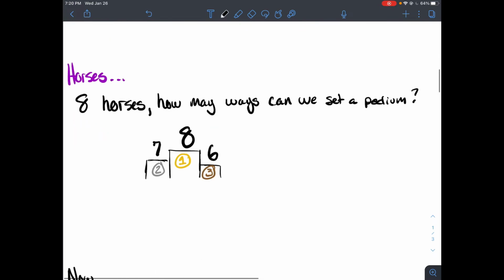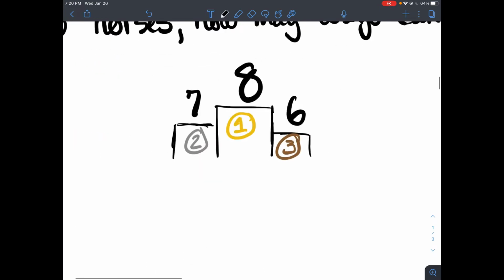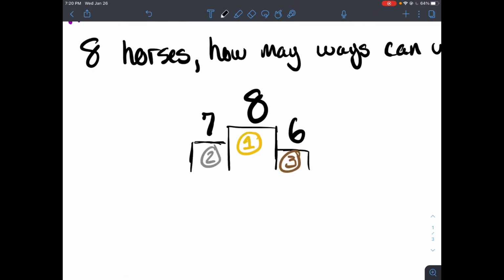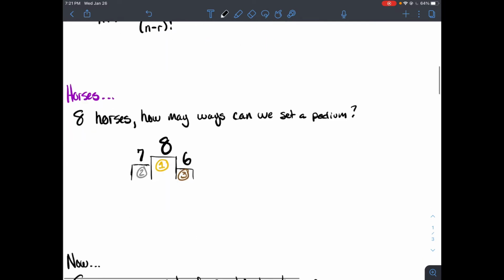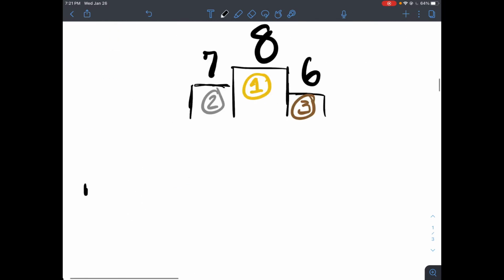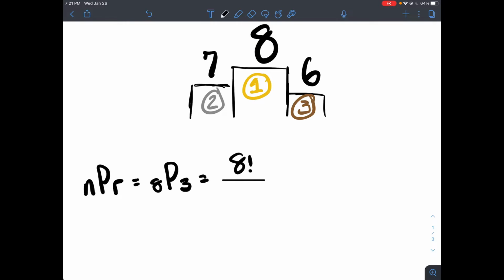You'll notice that these 8, 7, 6 line up perfectly with our formula. So let's look at nPr for this. nPr is equal to 8 P 3. So we have 8 factorial over 8 minus 3 factorial.